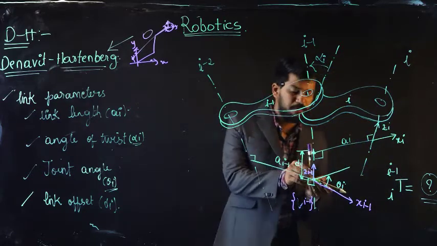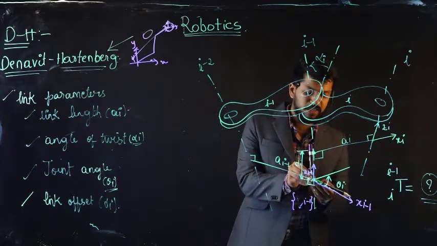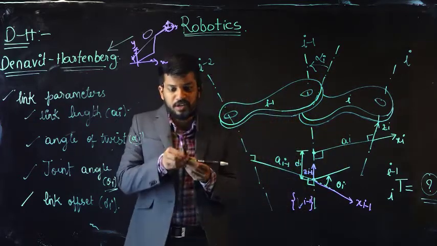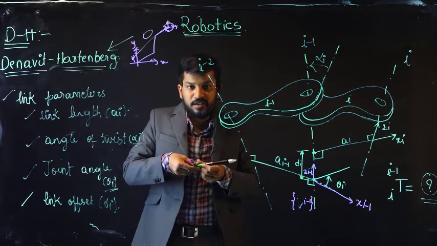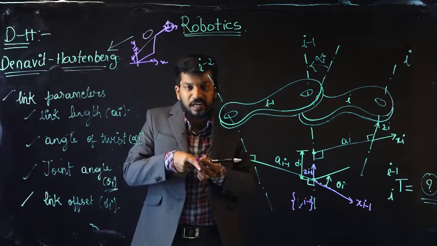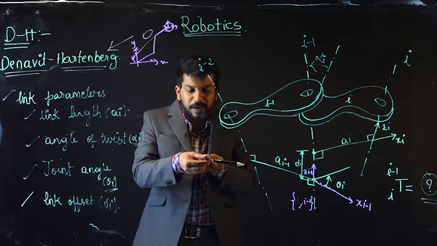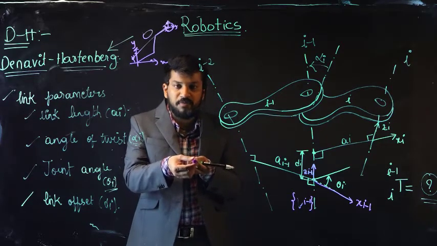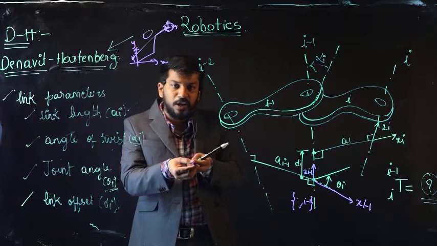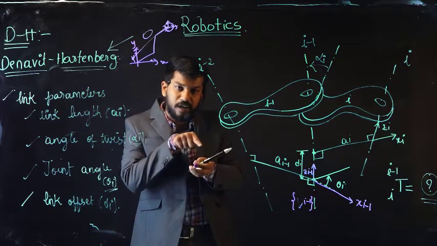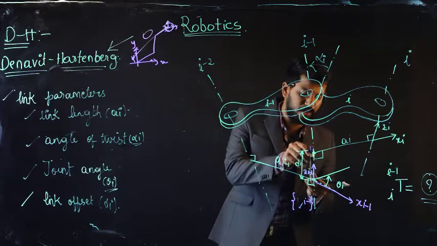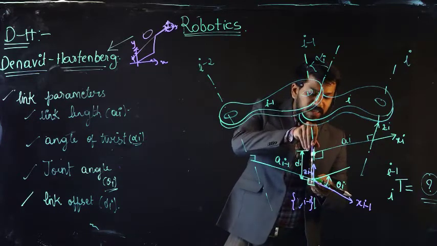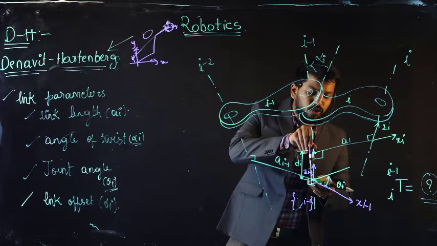But for that, if you observe, this is my zi and this is my xi. So this is my zi which was facing towards you, and this is my xi. If I twist that zi by a particular angle theta i, observe, obviously xi gets lifted up. The same thing will be applicable over here.